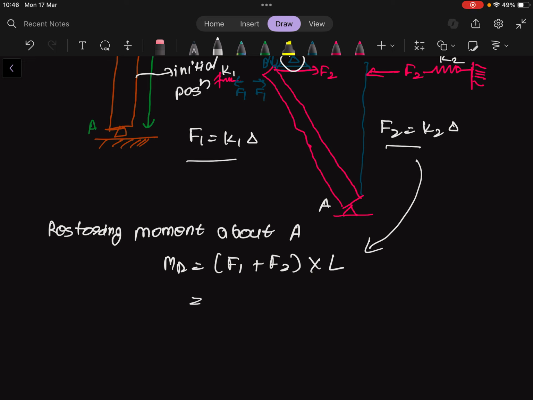So we are going to get K1 delta plus K2 delta into L, and we can take delta as common. So we are going to get K1 plus K2 delta L.